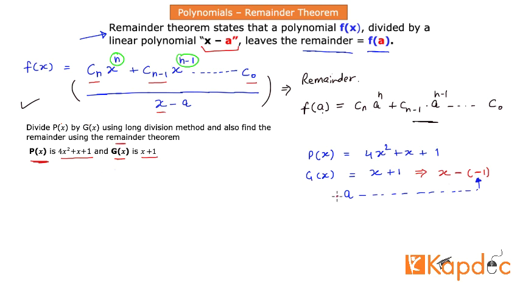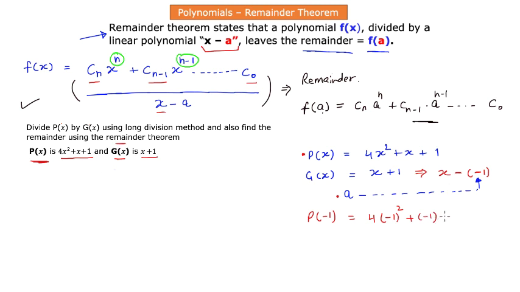All right, so now that you have the value of a which is equal to negative 1, you can simply substitute that value in this dividend, which is p of x, and then you can compute your remainder, right? So in that case I will say that p of negative 1 will be simply equal to 4 times negative 1 squared plus negative 1 inside the parenthesis plus 1, right? Now these two negatives will cancel each other, right? And all you're left with is simply 4 times negative 1 squared, which will be just 4. So this is your remainder, right?